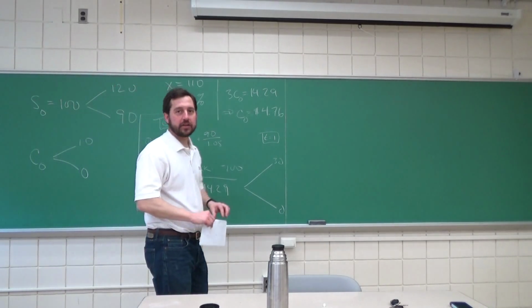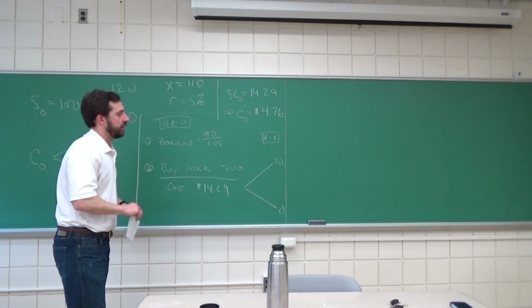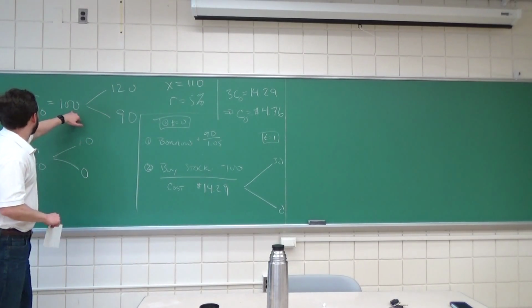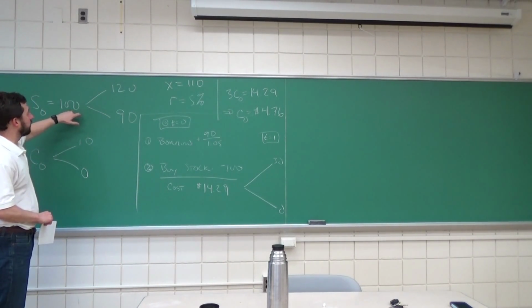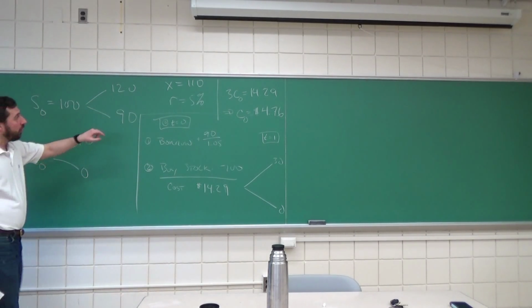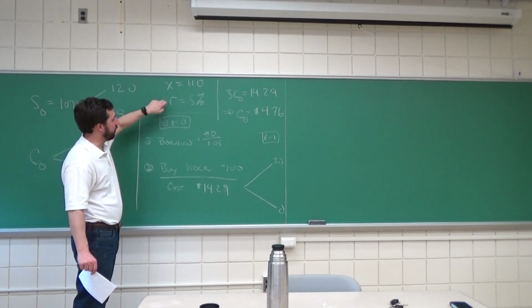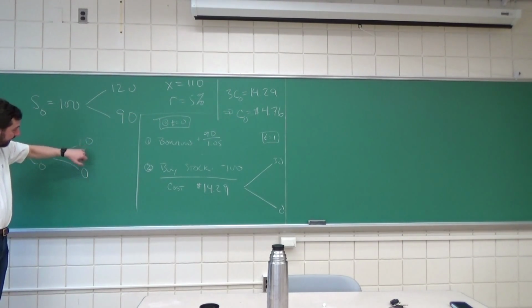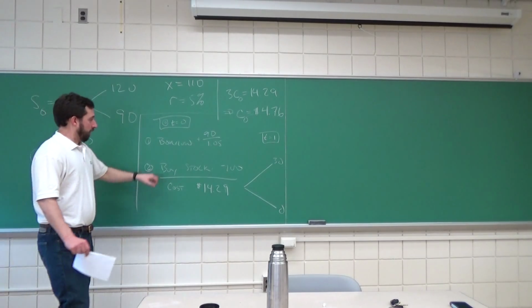Okay, earlier we priced a call option in a binomial setting. The stock price today was $100. It'll either be 120 or 90 in time one. So we have a call with a strike price of 110, the risk-free rate is 5%, so at time one the call is either worth $10 or 0.